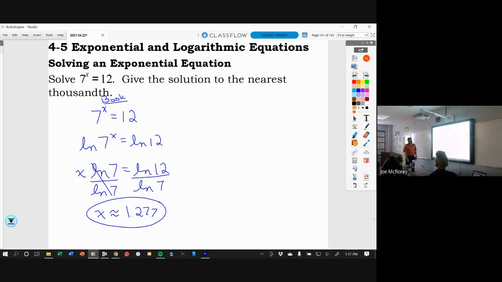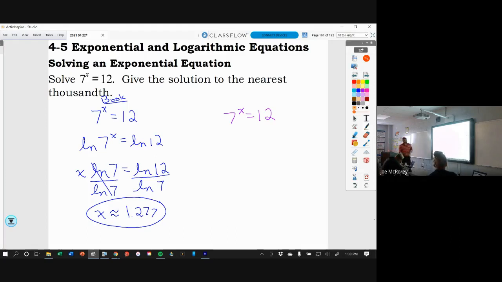Same problem. I need to get the x down. The x is currently an exponent on a 7, which means that base is 7.